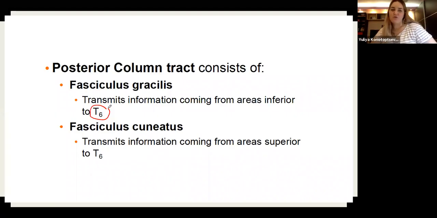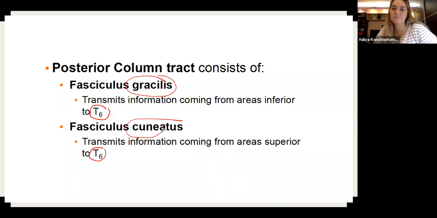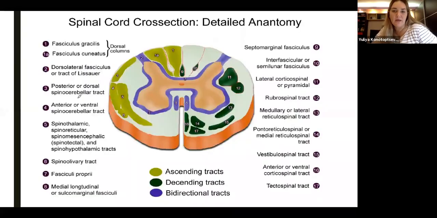Any axons which are entering inferiorly to the T6, they are from the lower limb, so they are going to be part of the gracilis, so medial. Any axons entering above the T6, they're from the upper limb, so cuneatus, laterally. Okay, the same picture for you, very clean, so make sure that you studied.